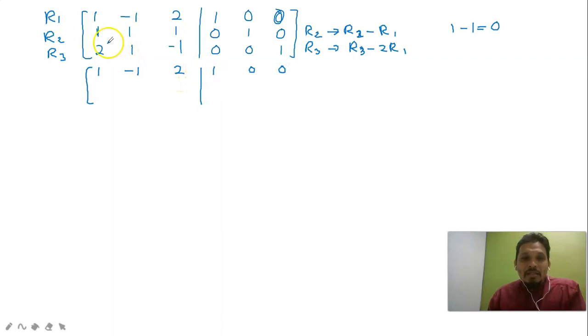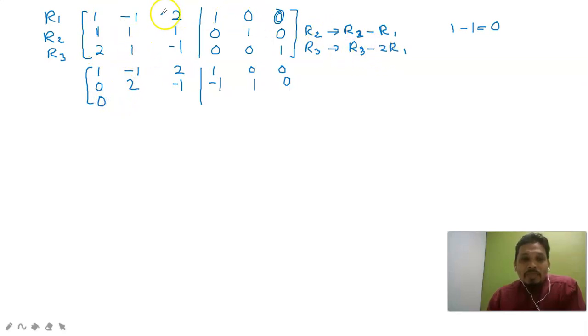Then just now is 1 minus 1 equals 0. 1 minus negative 1, so 1 plus 1 equals 2. 1 minus 2 equals negative 1. 0 minus 1, negative 1. 1 minus 0 equals 1. 0 minus 0 equals 0. Then next is 2 times negative 2. 2 minus 2 equals 0.